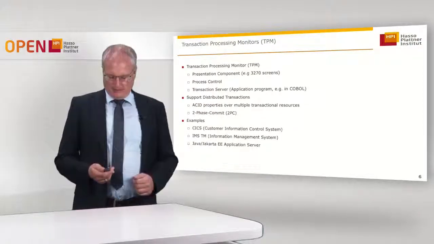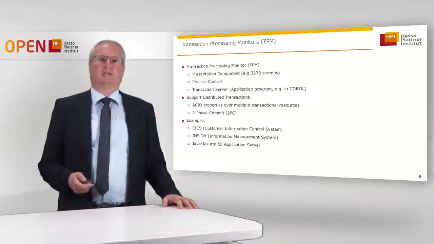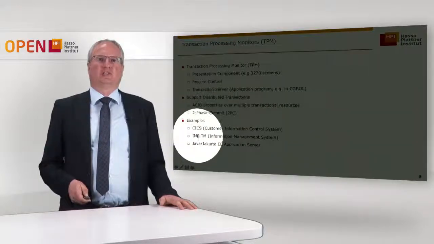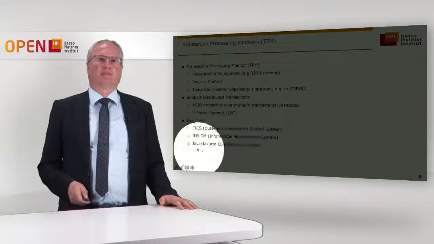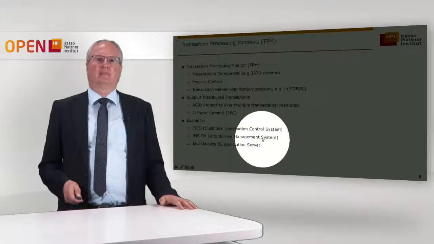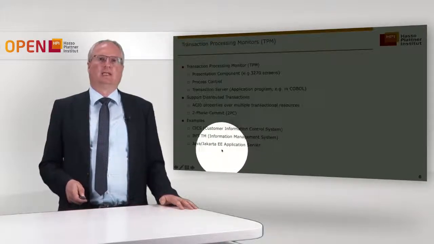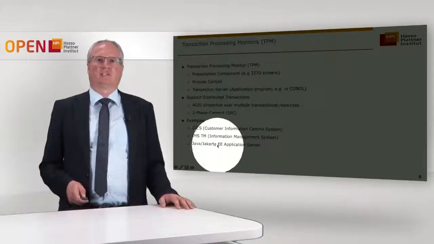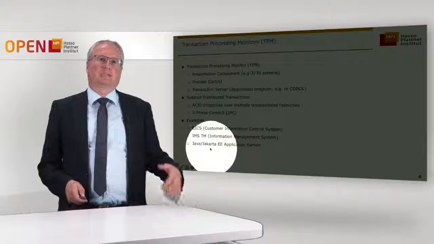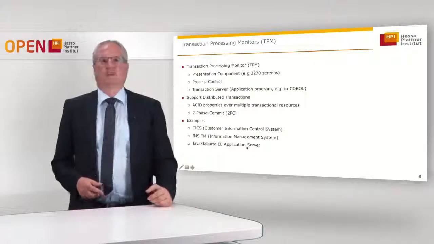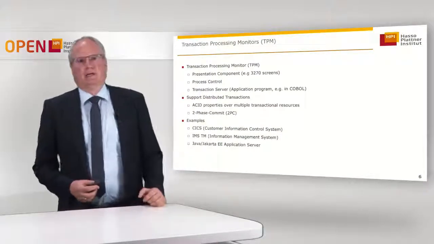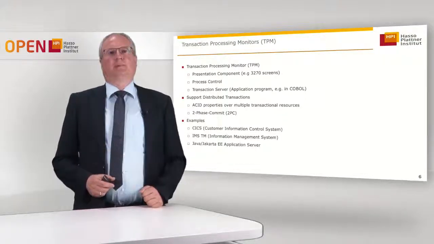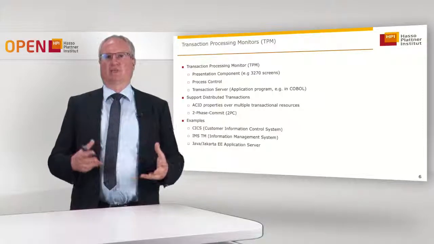The last type of transaction processing monitor that is a little bit hidden for many people is the Java Enterprise Edition and related frameworks that also support these distributed transactions. Java EE, since a few weeks now called Jakarta EE, has been handed over to the open source community. So a Jakarta EE specification-conformant application server is also a transaction processing monitor.